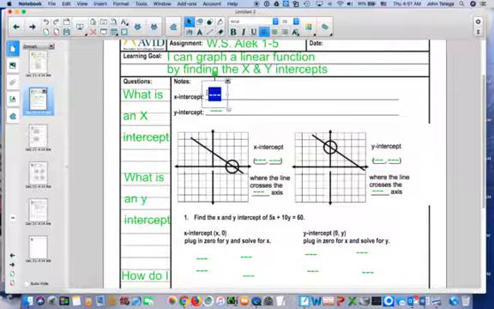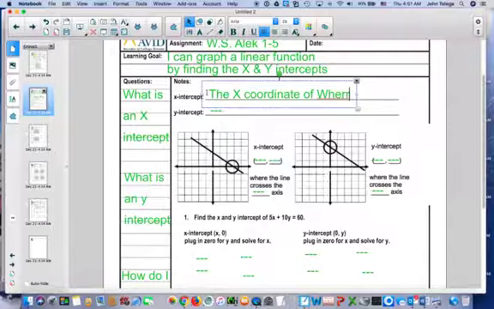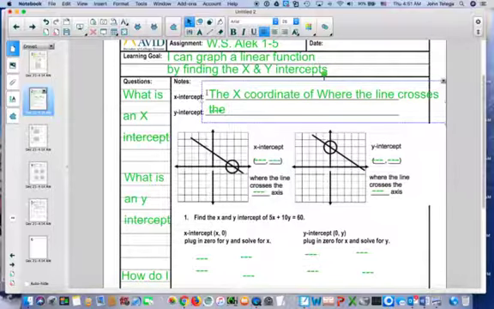So we'll talk about that, but the x-coordinate of where the line crosses the x-axis. And it is really as simple as it sounds.